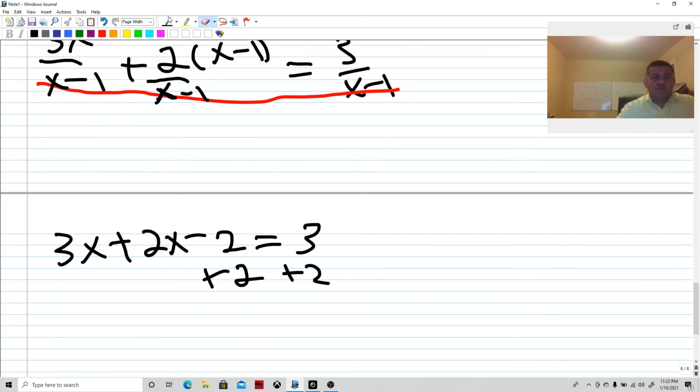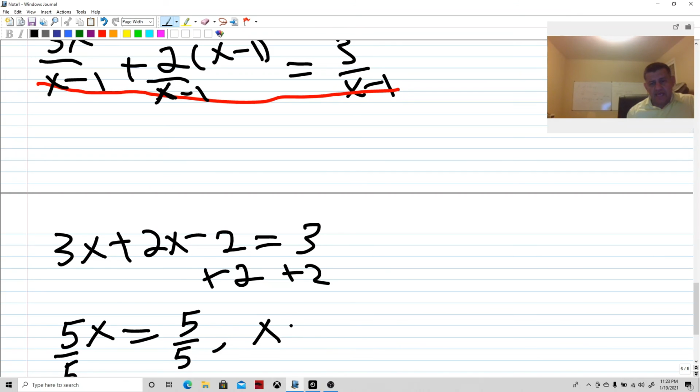So 3x plus 2x is equal to 5. 5x equal to 5, right? And we divide by 5. We divide by 5, and we found out that x is equal to positive 1.